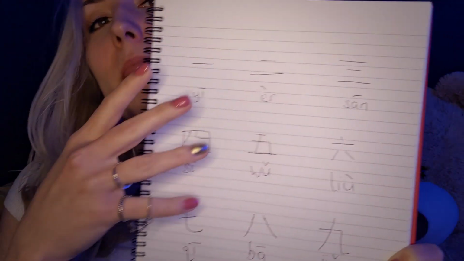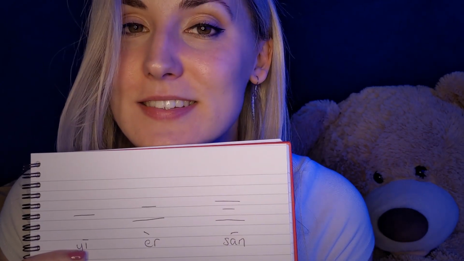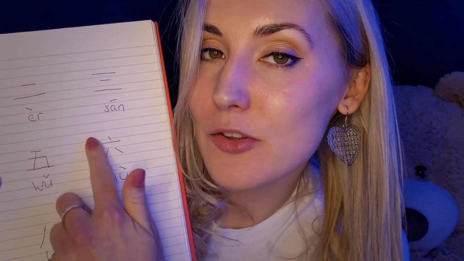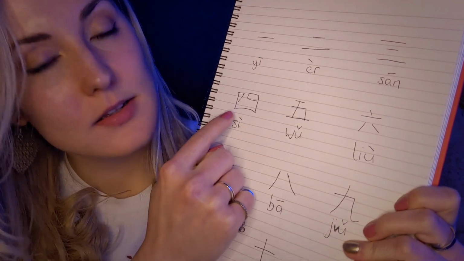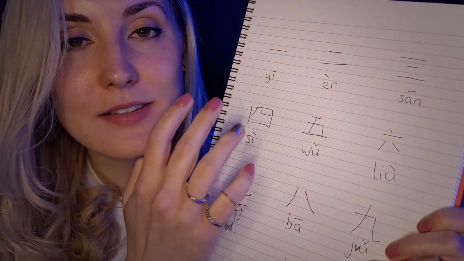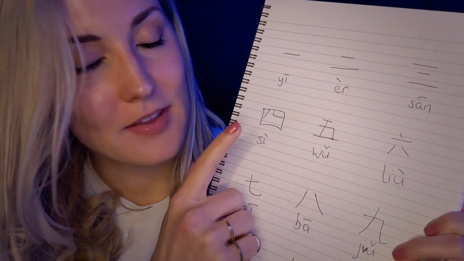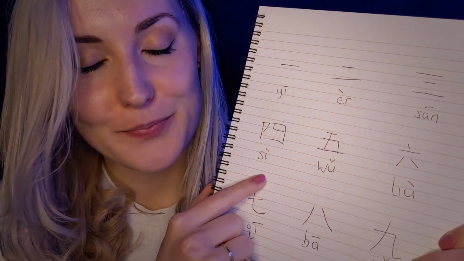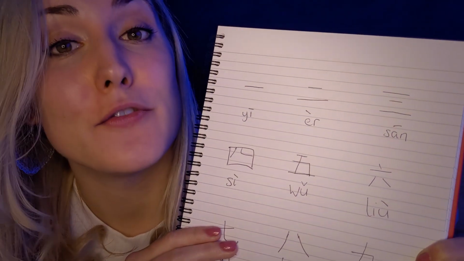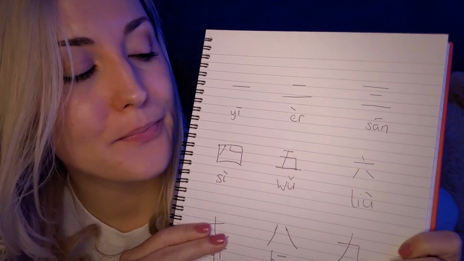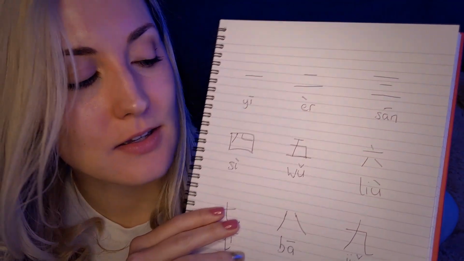San, san is number 3. So again, the first tone, san. Si, si. That's the falling tone, the fourth tone, for the number 4.